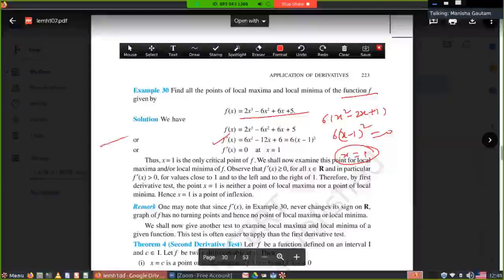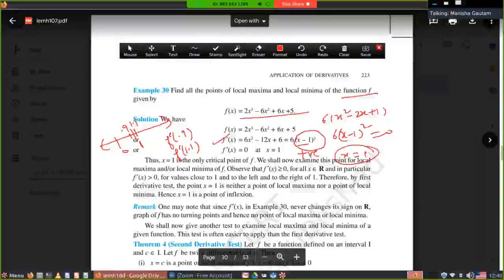Now you have to check what type of sign you are getting. In the left, again, what is the value? That is 0.9. In the right, it is 1.1. Calculate f dash 0.9 and f dash 1.1. Whether you put 0.9 or 1.1, you have to square that statement. It means it always becomes positive. Whether you are getting negative in the bracket or positive, after squaring you are getting positive.